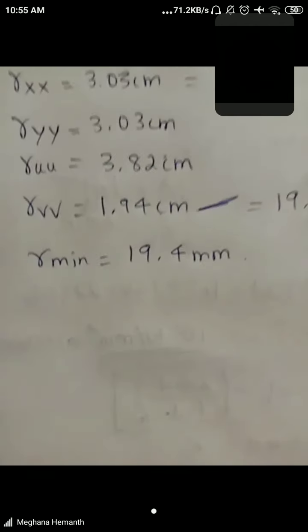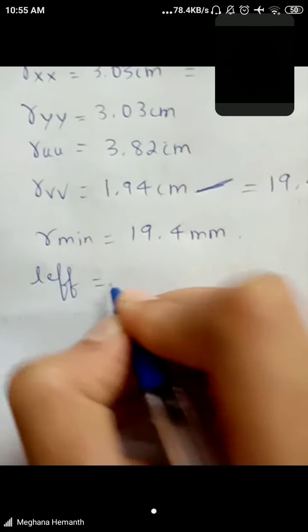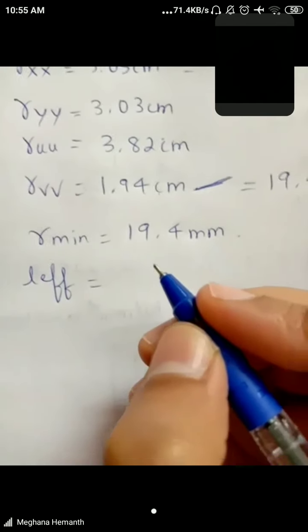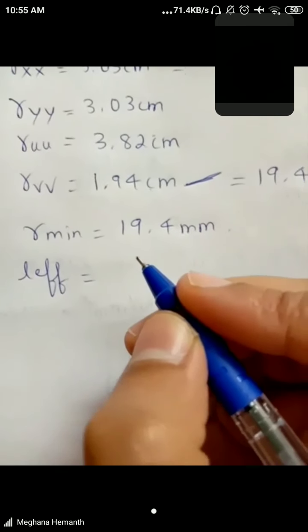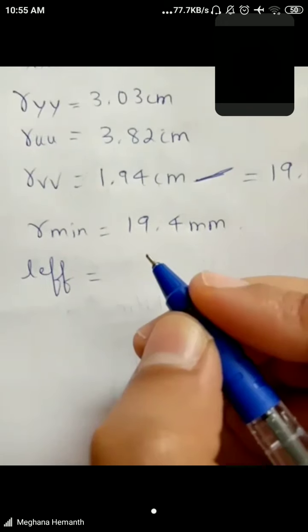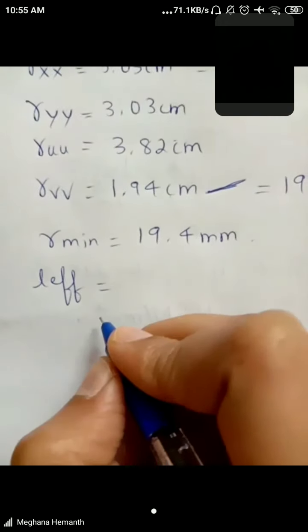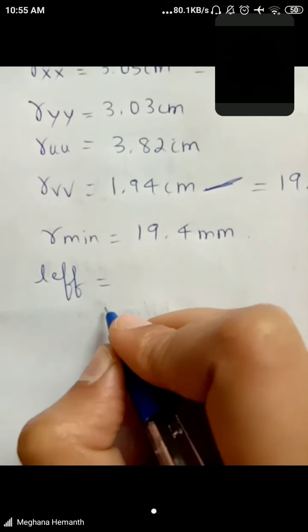So after you get your gamma minimum, you can find out your effective length. In the question, they're asking you to use M20 property class 5.6 bolts. Whenever they give that, you have to use your bolted condition, and always you have to use more than one bolt.